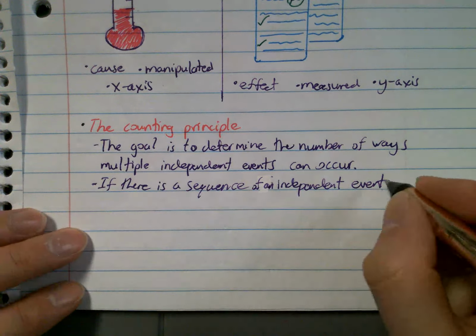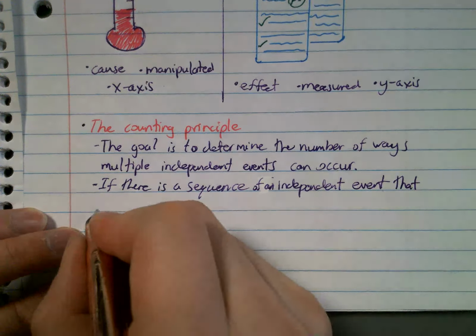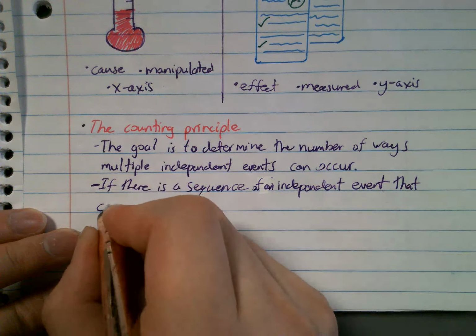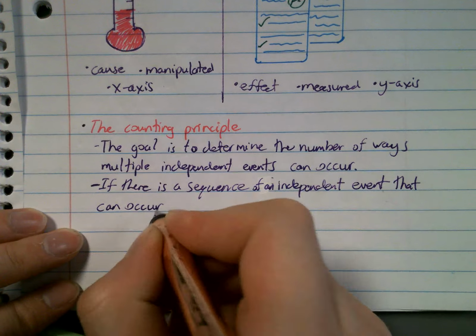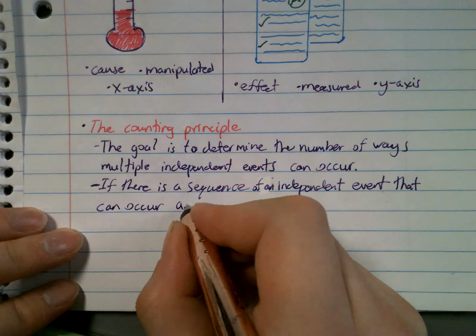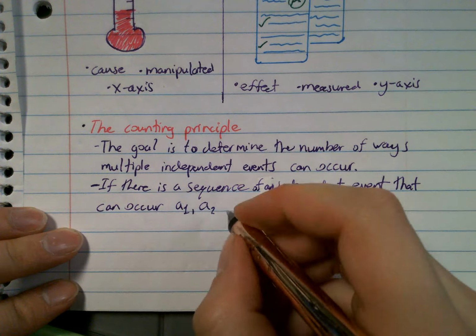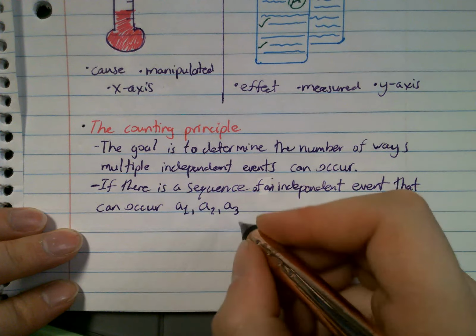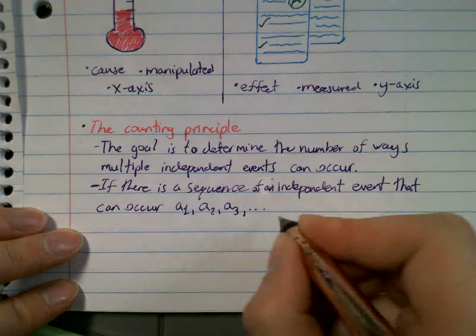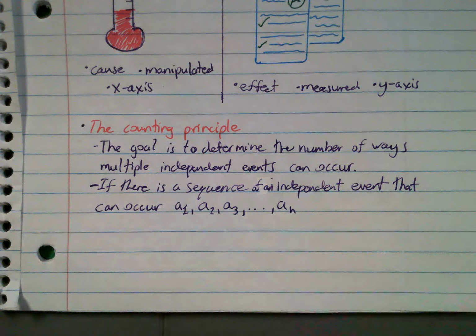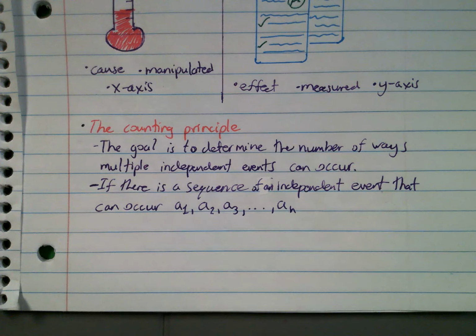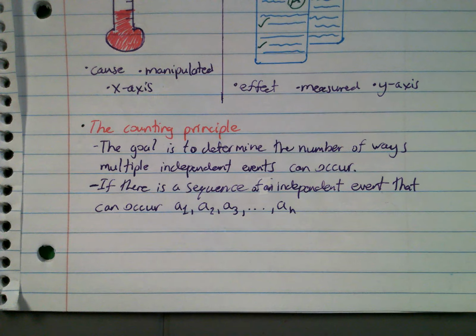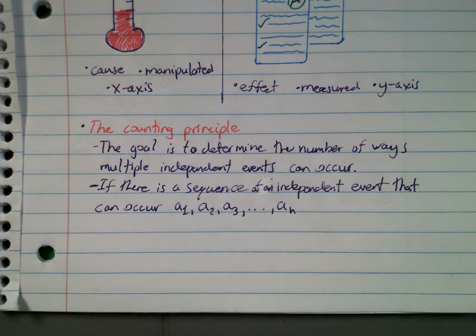An independent event that can occur a sub 1, a sub 2, a sub 3, up to a sub n ways, meaning that a is the event that's occurring, and the number that's subscript to it is the different type of event, the different types of outcomes.